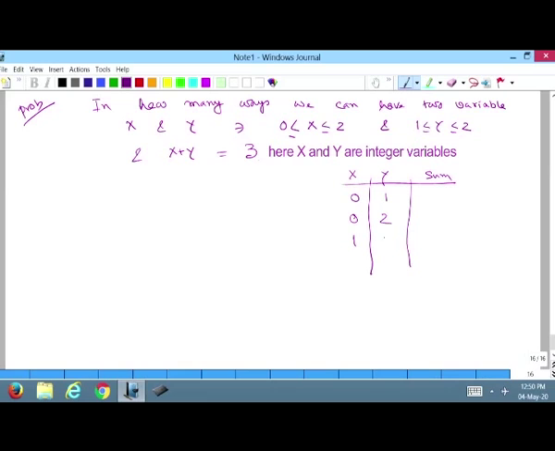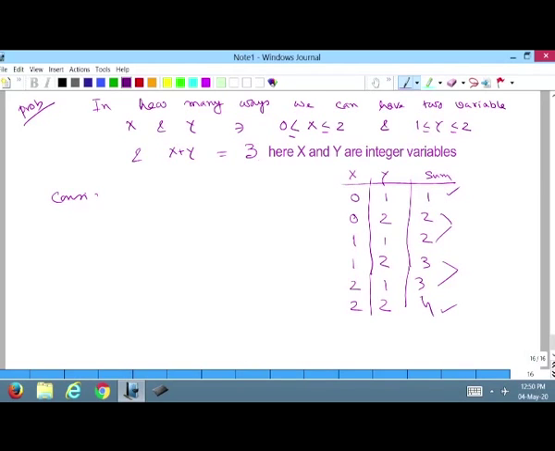Therefore, we have these 6 combinations, and the sums are 1, 2, 2, 3, 3, 4. Therefore, we can see that there are 2 cases when the sum is 3, 2 cases when the sum is 2, 1 case of 1 and 1 case of 4. So, how to do that?